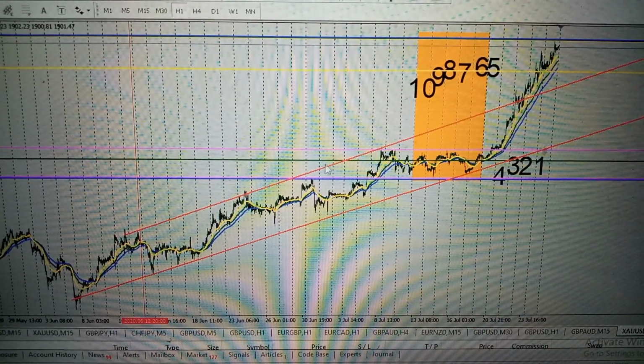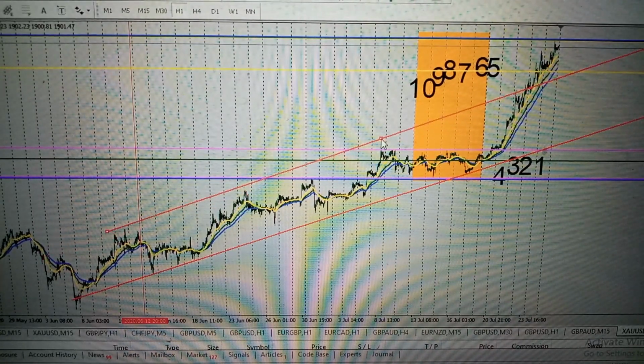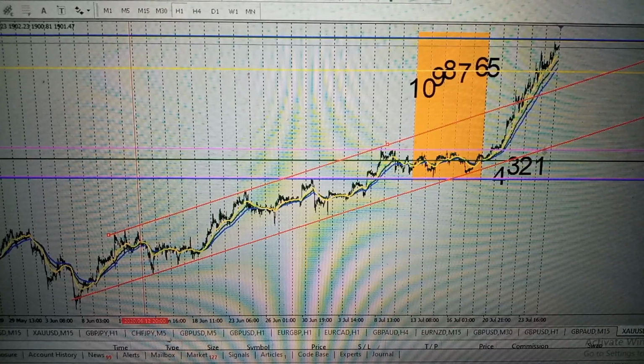Okay, that's the upper trend line. So upper trend line touching a tip here, 1, 2, 3, two or more tips.